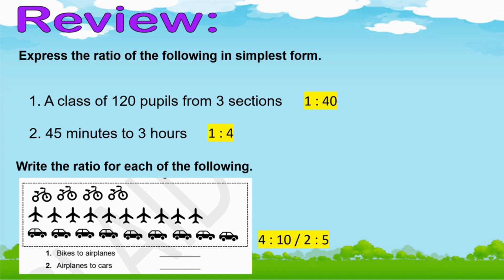Okay, 4:10, or in simplest form, 2:5. Number 2, what is the ratio of airplanes to cars? What is your answer? 10:9. So there are 10 airplanes to 9 cars.